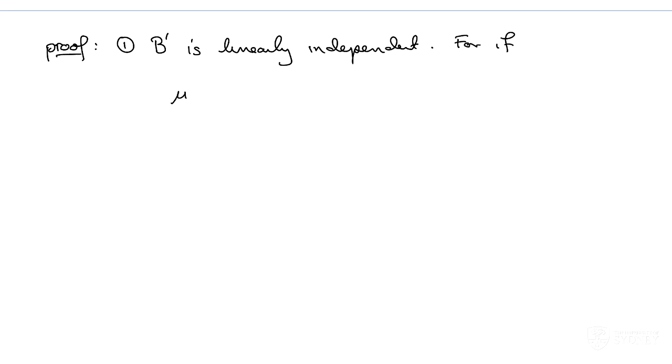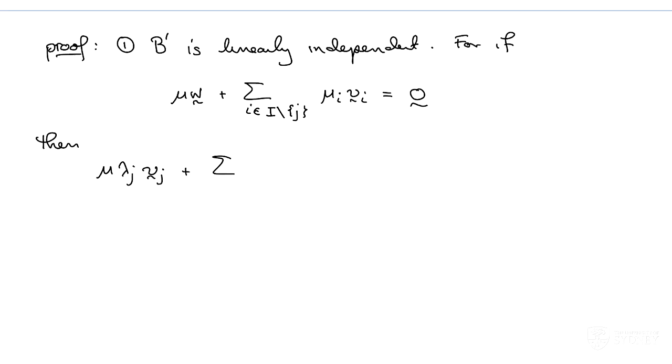Because if I have a linear combination of elements of B prime, where j is the thing I've thrown out, so that's a generic linear combination of elements of B prime, if that equals 0, then, remembering what w is and grouping everything back together, we get mu lambda j v_j plus the sum over i, but not j.